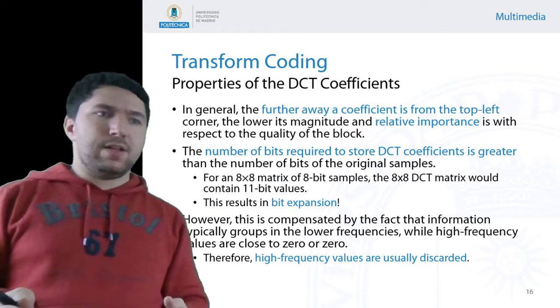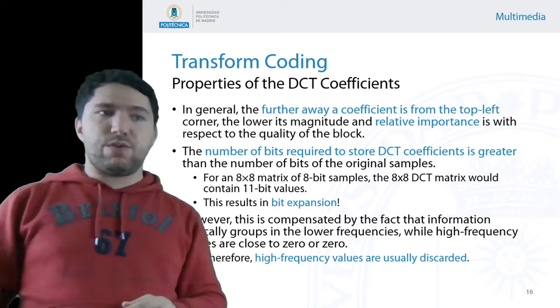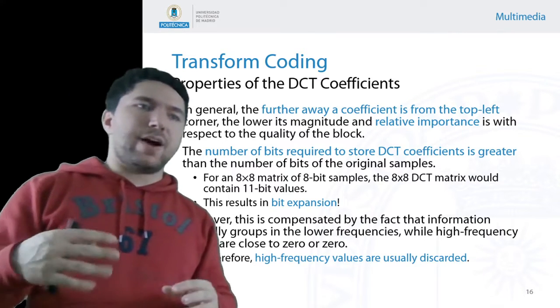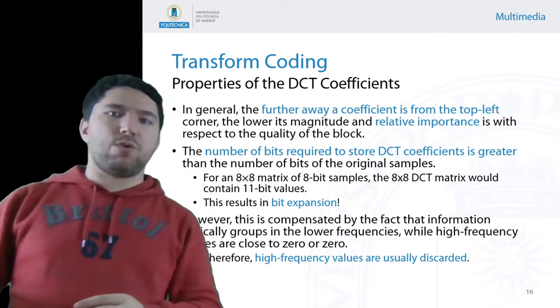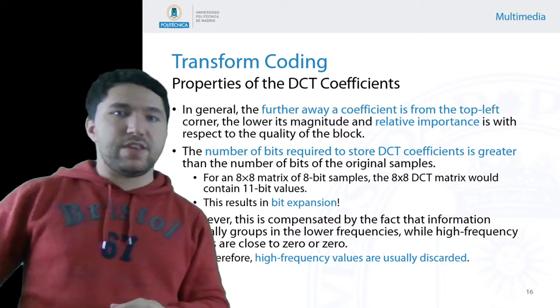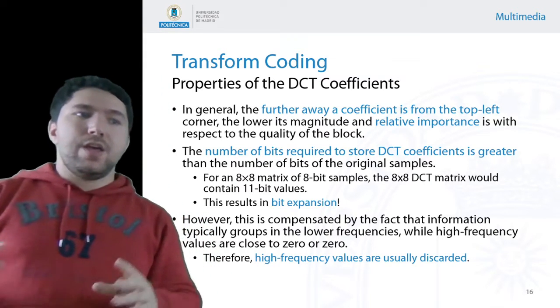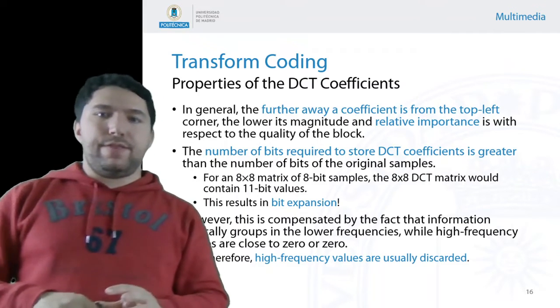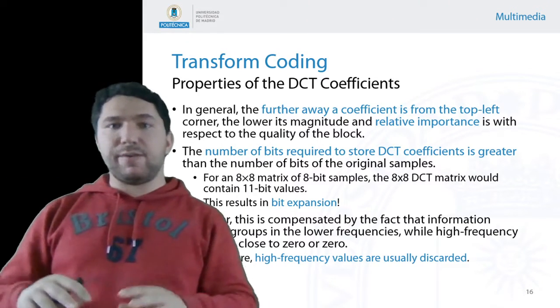In general, the farther away a coefficient is from the top left corner, the lower the magnitude of the error will be if we remove this coefficient. The bad part is that now the coefficients are not in the same range of values.